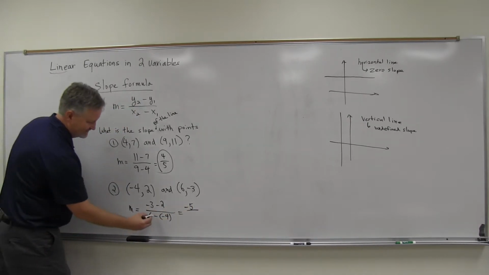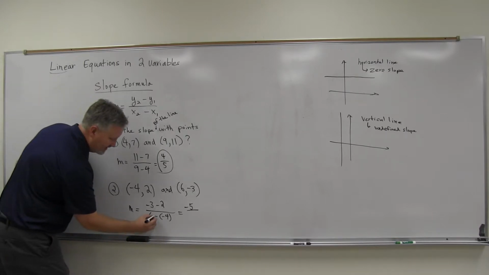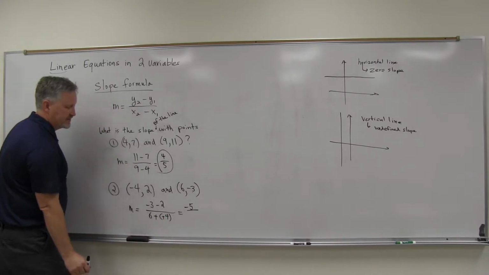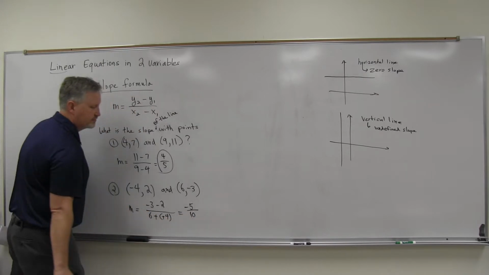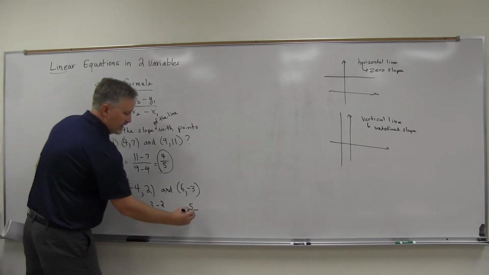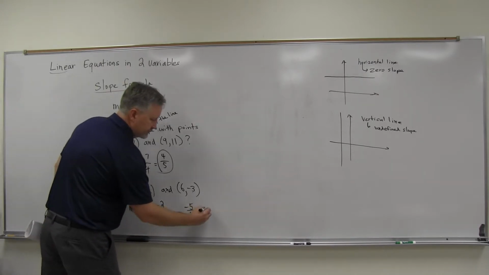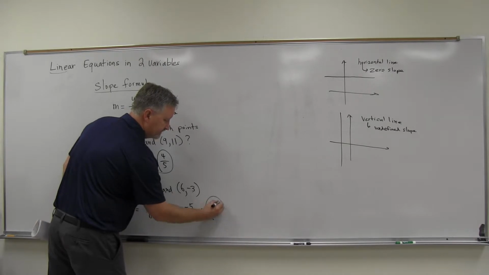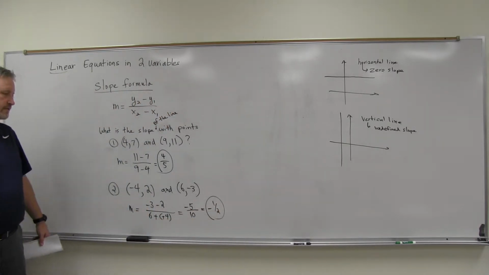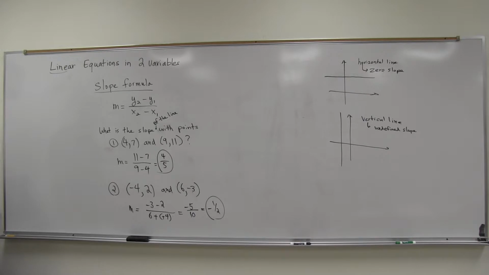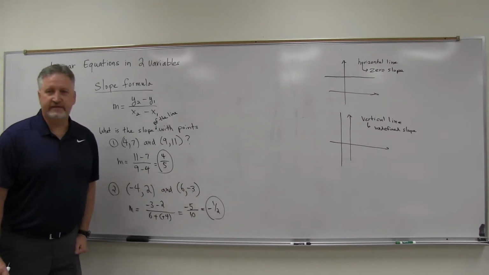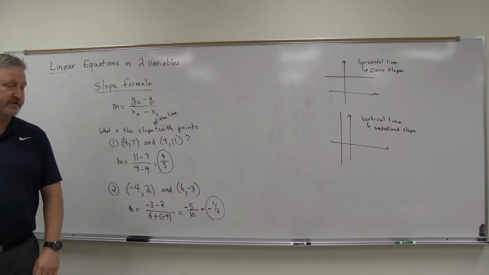Positive 10, because you've got 2 negatives, so that's actually going to be a positive. So you got 6 plus 4. And just like any other fraction you would reduce, -1/2. So in that case, our slope would be negative. If we plotted them out, it would go downhill from left to right.